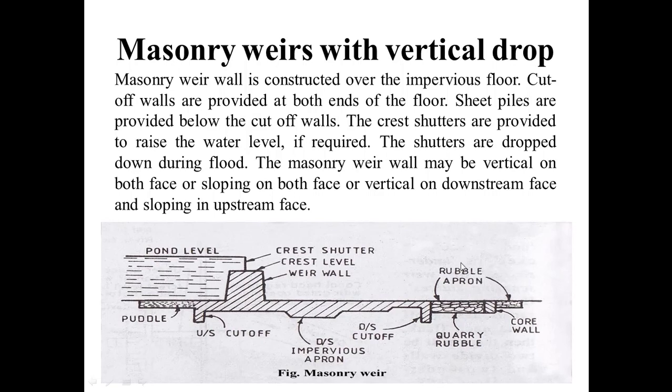Also on the downstream side there is a structure constructed of rubble, known as the rubble apron, so that the silt from the silted water is stuck in this portion.